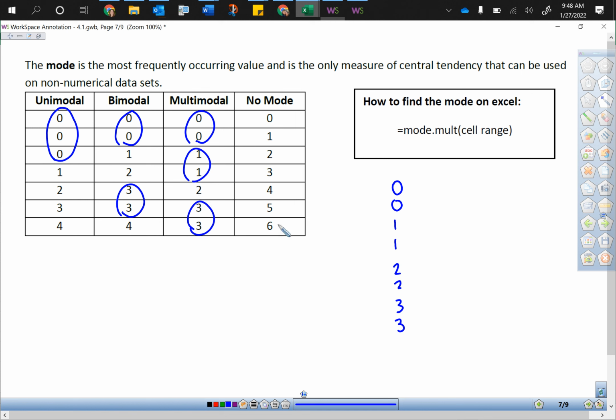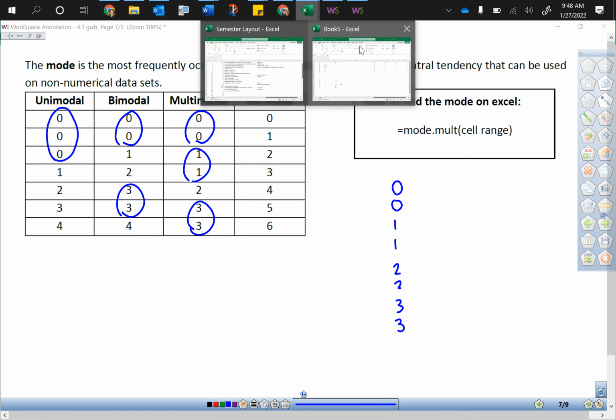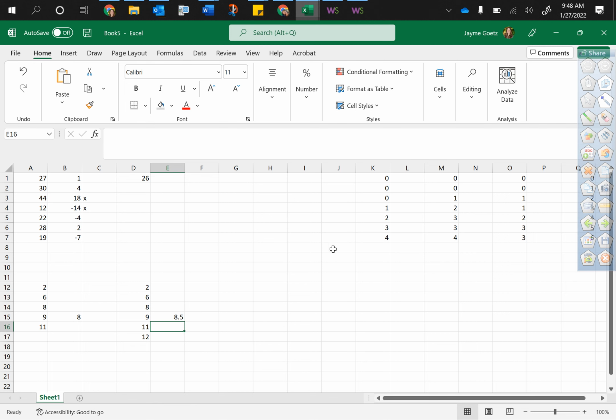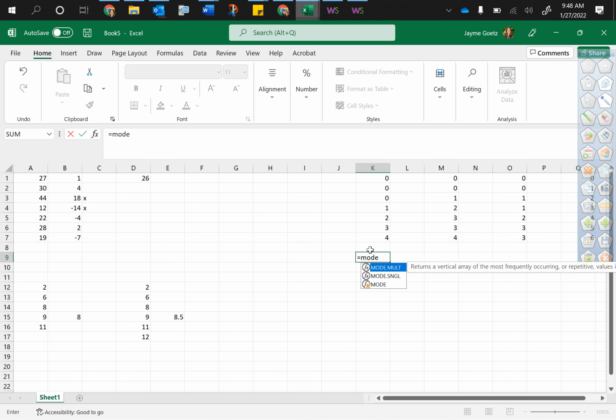Now on Excel, this is a little bit different. On Excel, when you type in mode, you're going to get a couple of different options. So the first option that you see is mode.mult or mode.single.